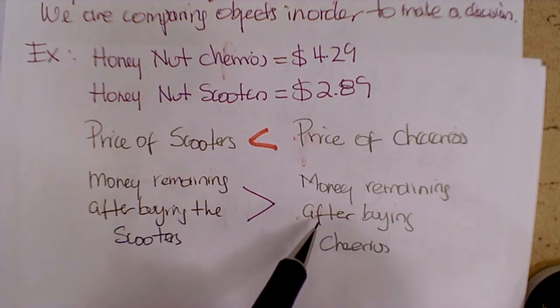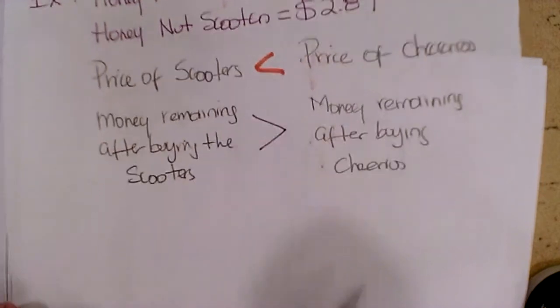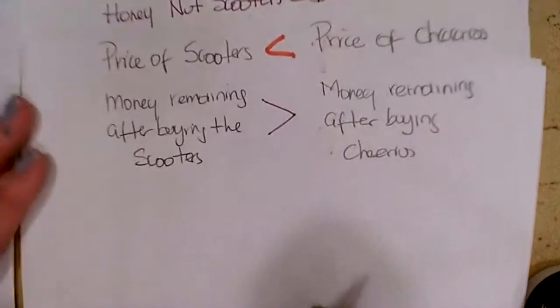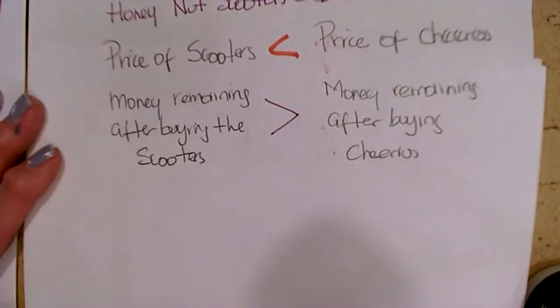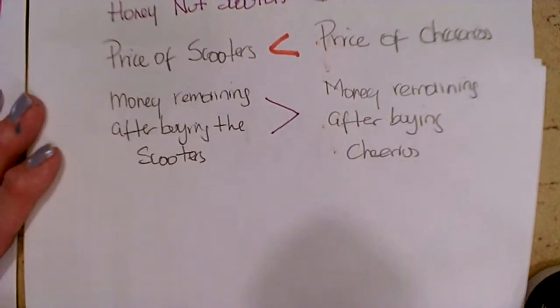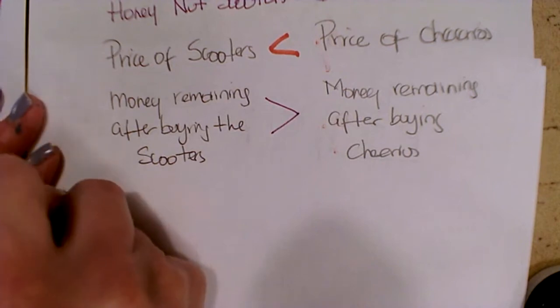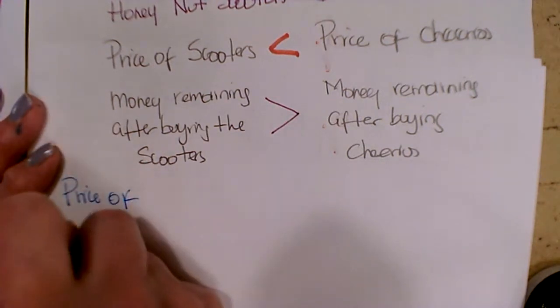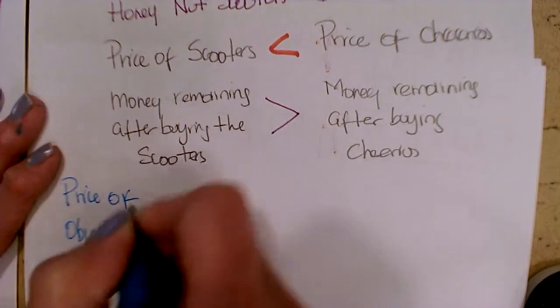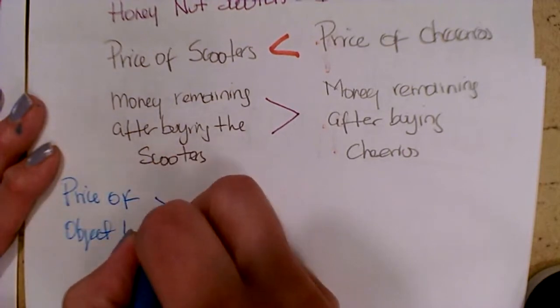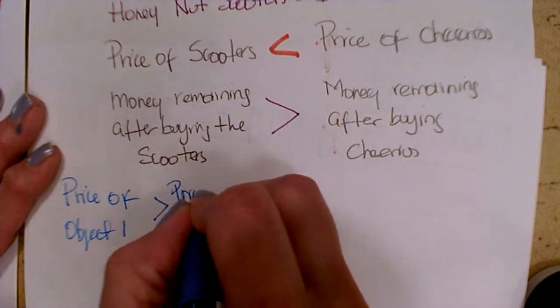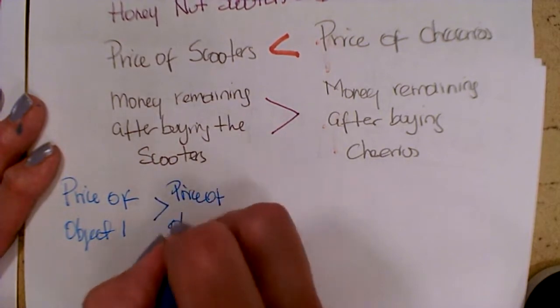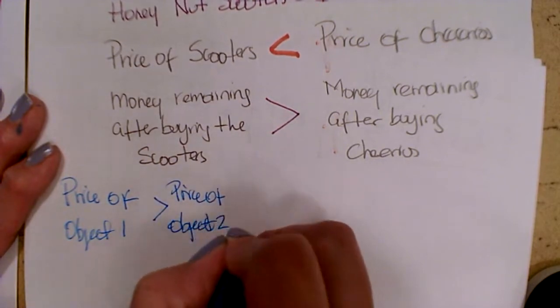In math, we always try to boil down the situation to numbers. So this will become problems like, for example, price of object 1 is more than the price of object 2, right?